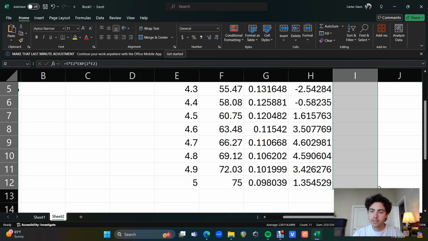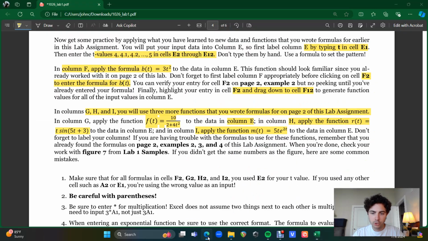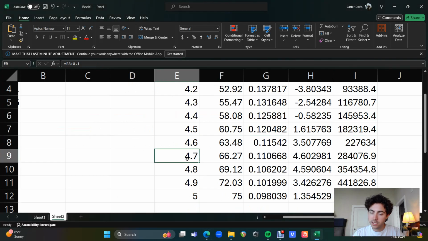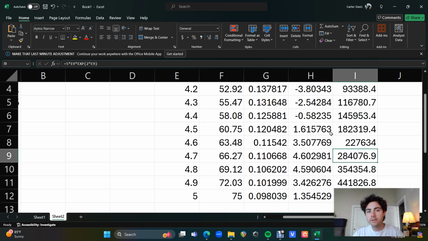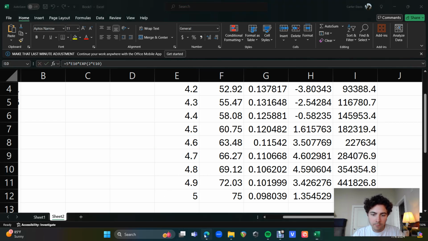And just drag that corner down, fill in the other function values. Again, what this is giving us is that function, 5t e to the 2t. It's giving us that function value for when we plug in, say, 4.7. If we plug in 4.7 to that function, this is giving us that result, okay? So that's what we're calculating.